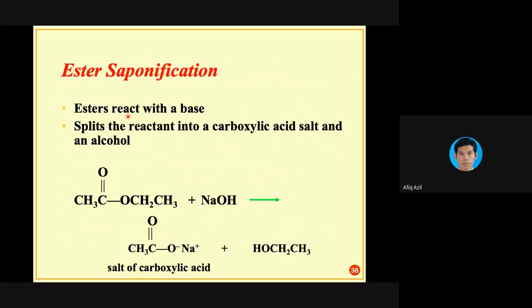This happens when you have ester react together with a base, in this case like sodium hydroxide. It will form this salt of carboxylic acid, which can be used as a cleaning agent, or basically in a lot of soaps, this is one part of it. Without this, you cannot basically clean out the dirt.